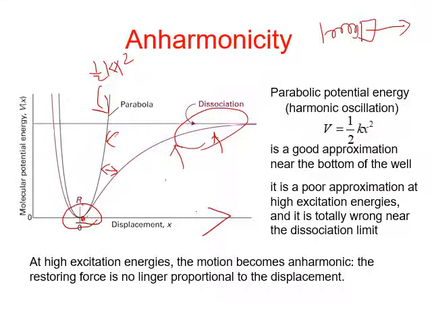At higher excitation energies, the motion becomes anharmonic, and the restoring force is no longer proportional to the displacement. In the next few slides, we are going to briefly discuss anharmonicity.